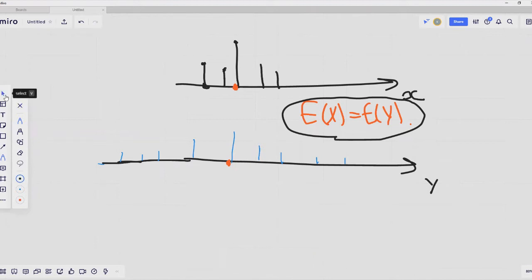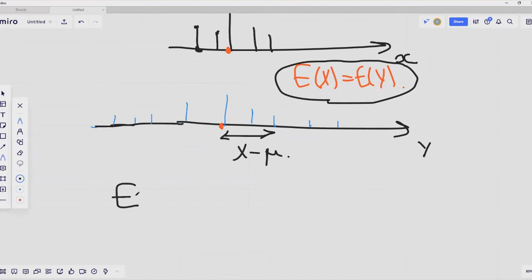The first approach is to measure the average of deviations of the values of that random variable from the mean. So we can calculate the average of the value of the random variable minus its mean, which is equivalent to calculating the expected value of x minus mu, where mu is the expected value of random variable x.